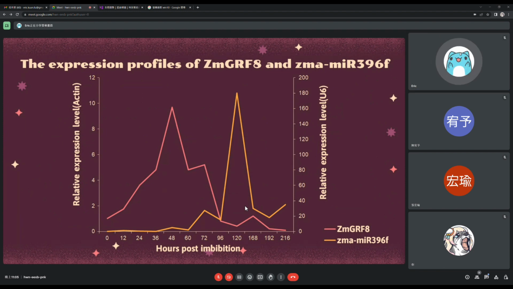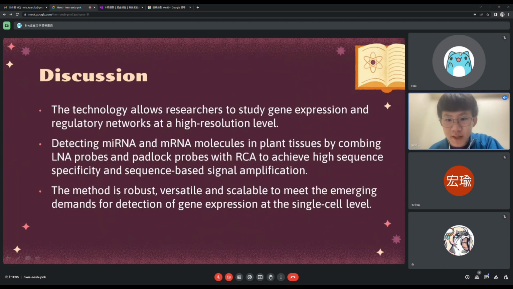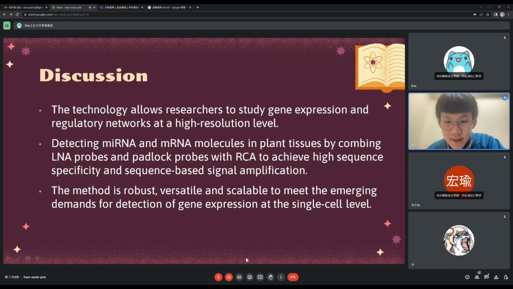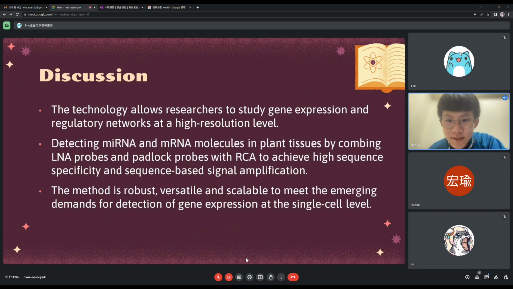The technology allows researchers to study gene expression and regulatory networks at a high-resolution level, detecting miRNA and mRNA molecules in plant tissues by combining LNA probes and padlock probes with RCA to achieve high sequence specificity and sequence-based signal amplification.